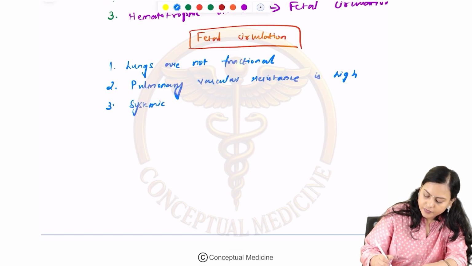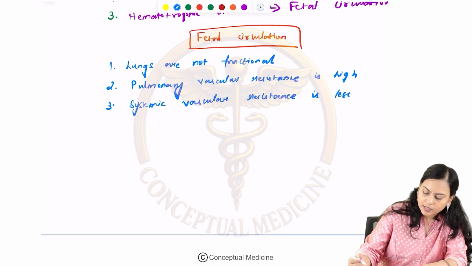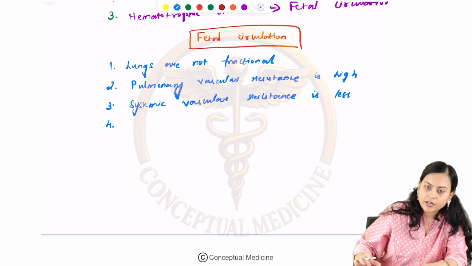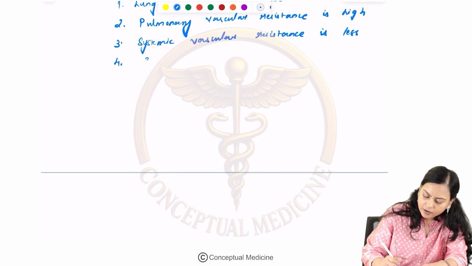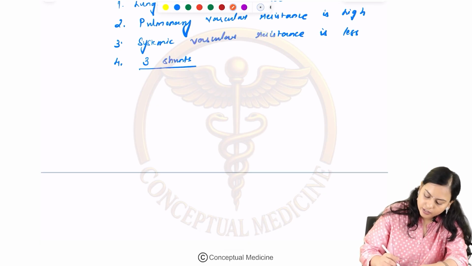Automatically, the systemic vascular resistance is less.